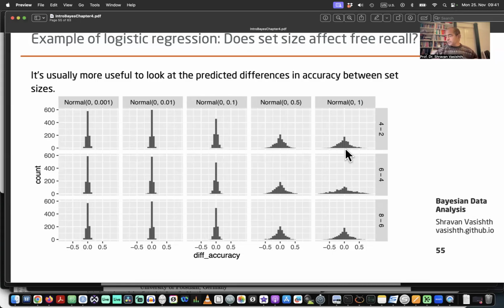So that's the prior predictive distribution of differences in accuracy for different combinations of adjacent set sizes: 4 minus 2, 6 minus 4, 8 minus 6, right? And for different priors, you can see what the implications are of the different priors for allowing a particular range of differences in accuracies between adjacent set sizes.